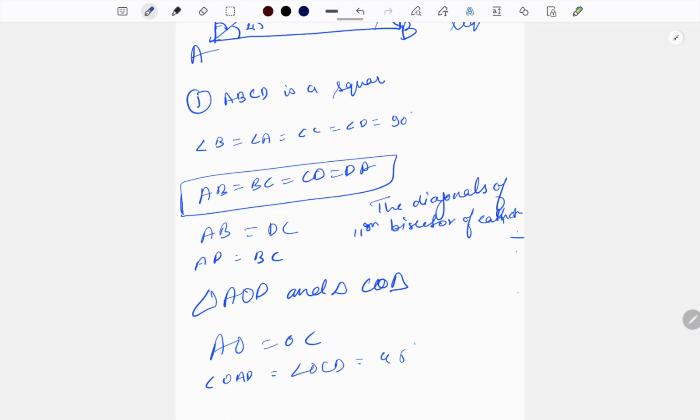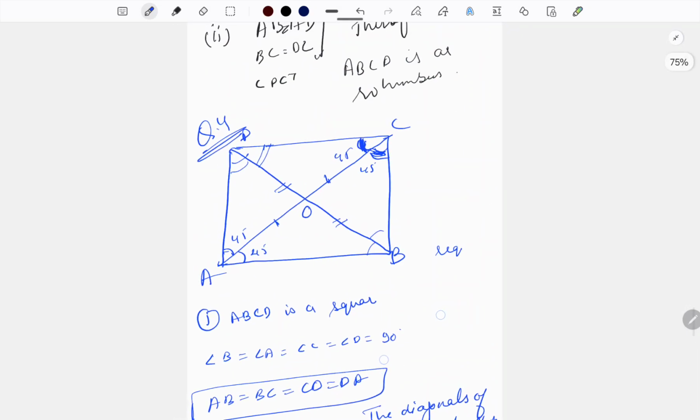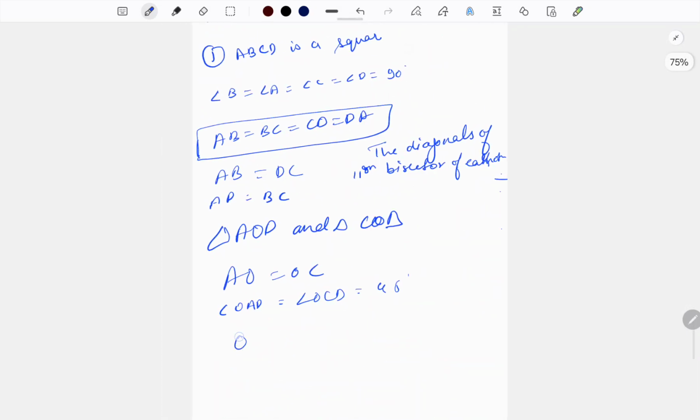Both are 45 degrees. And OD is common, and therefore triangle AOD is congruent to triangle COD. Okay.